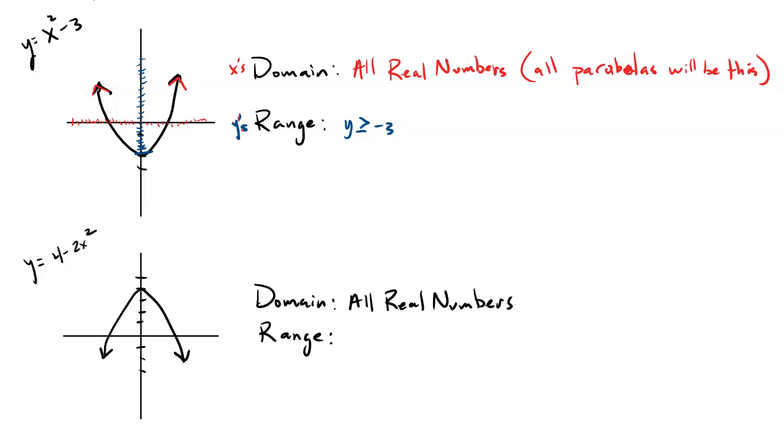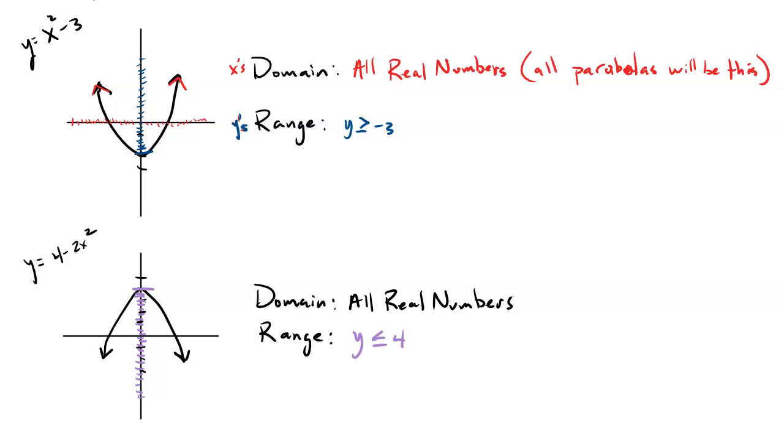The range, if I'm looking at this picture, the arrows are pointing down, and the highest spot is 4. That means every single height is covered up to 4. So my range would be y is less than or equal to 4.